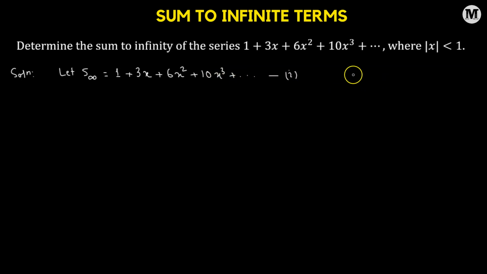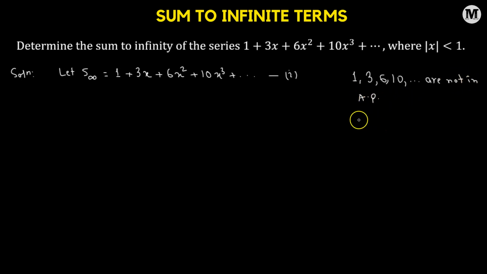For this, we're going to consider the constant terms. So let's say we have 1, 3, 6, 10, and the remaining terms. Do these terms form an arithmetic progression? No, they're not in arithmetic progression.